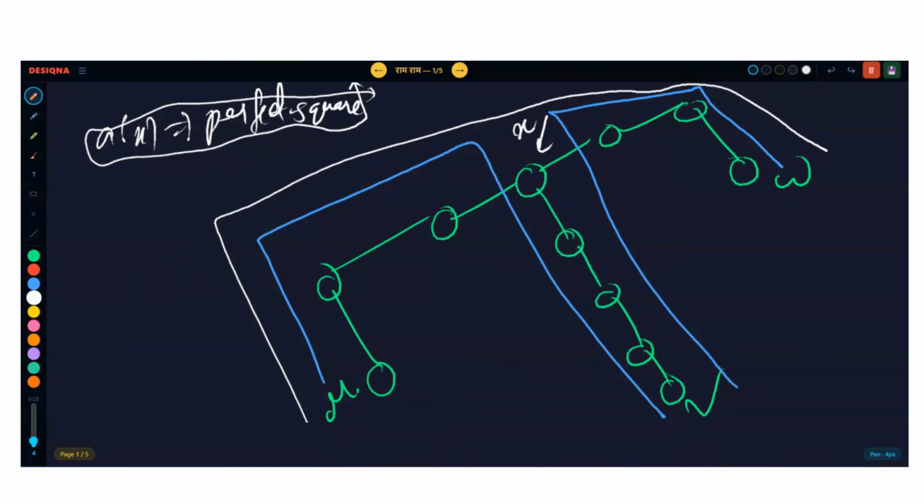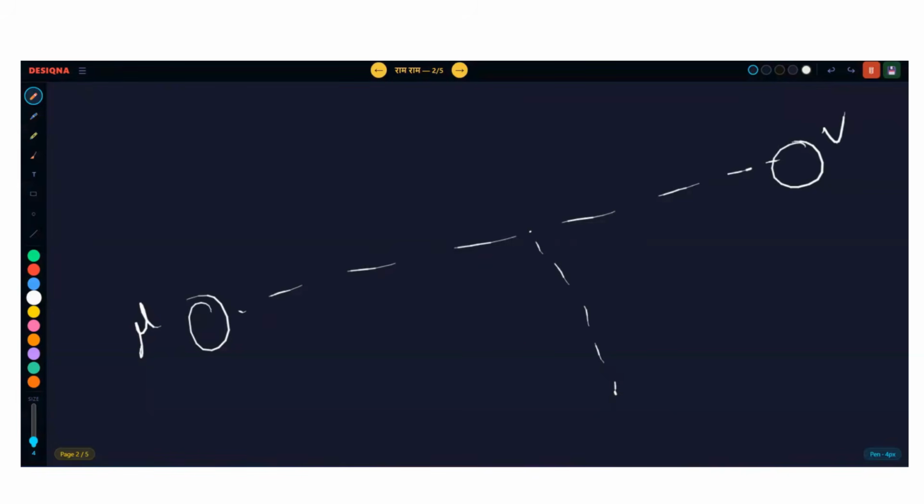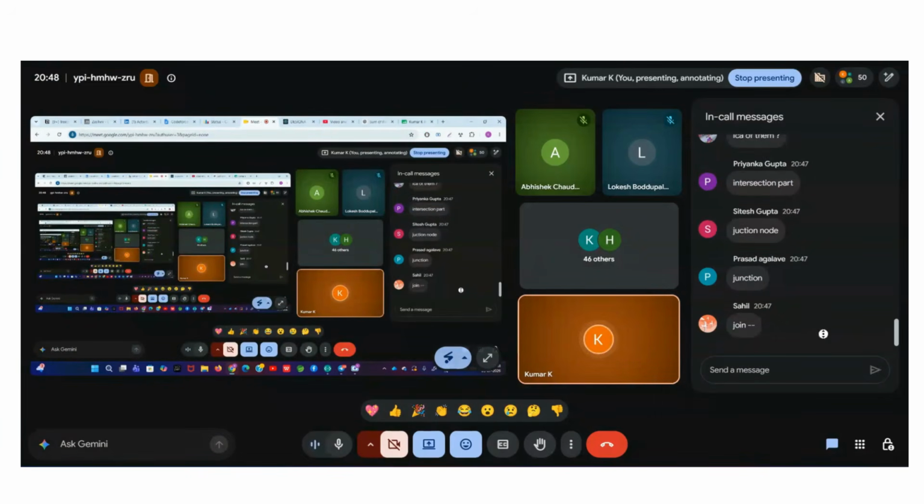Now the problem is that these are the type 2 paths. The type 2 paths are the paths where U, V, W give rise to a T shape. So U, V, W is looking like this. Somewhere there is U, somewhere there is V, and somewhere there is W. At their T junction, there is a node which is X. If that node is a perfect square, then you got the point, right?